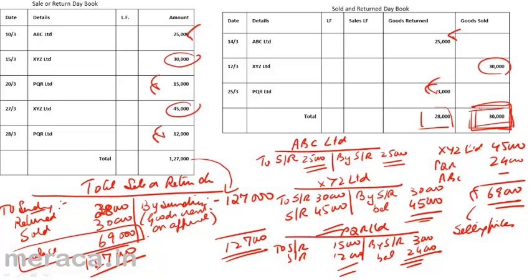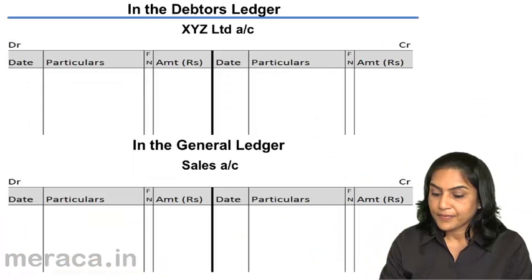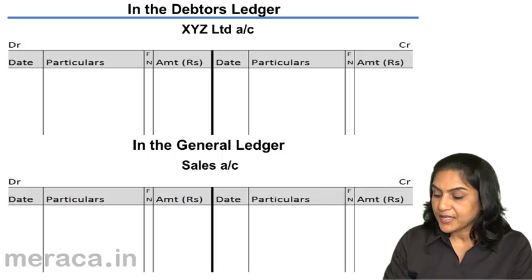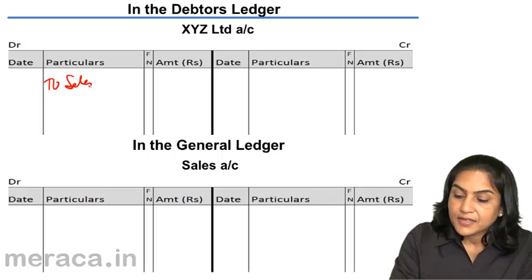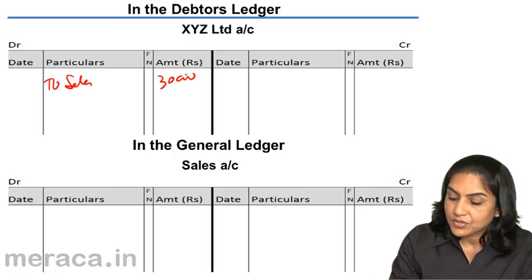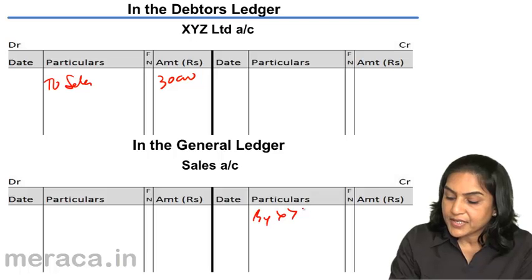Therefore, customer's account XYZ Limited's account is debited and the sale account is credited for 30,000 in the general ledger. The general ledger and the debtors ledger. The format is here. This would be XYZ Limited account debit to sales 30,000 by XYZ Limited.